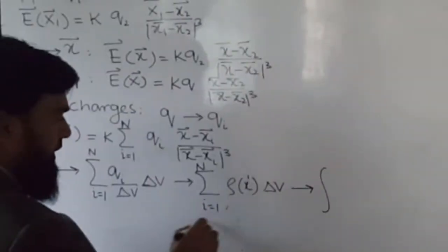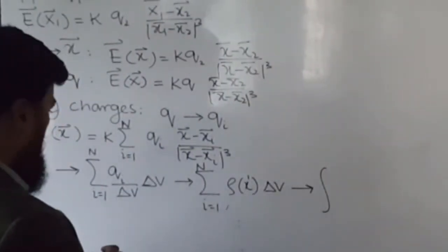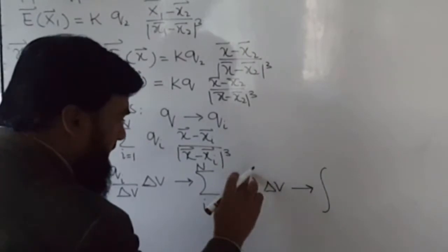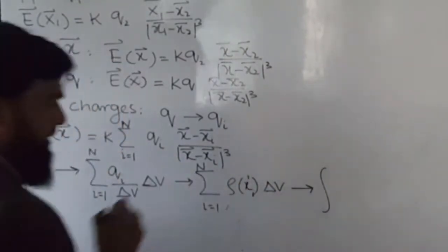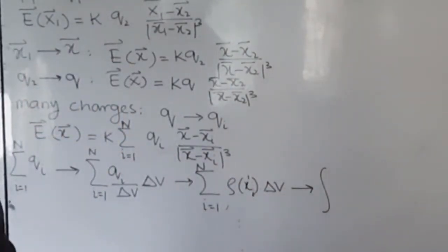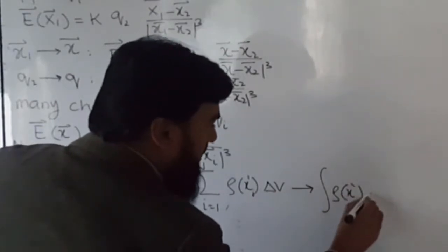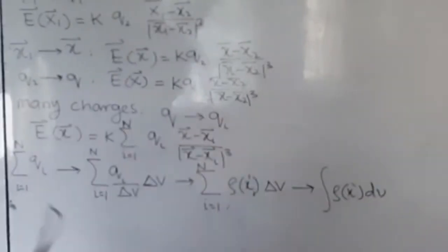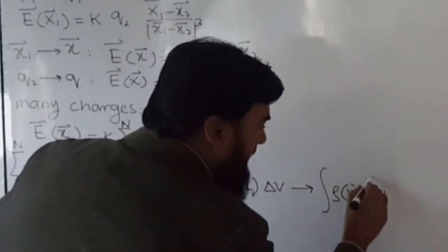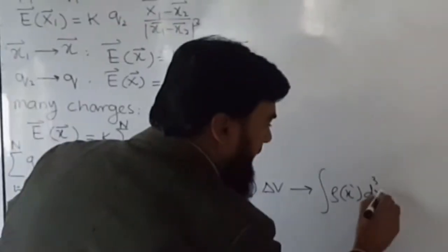this discreteness will be covered, or let me write here instead a subscript xi, like the charge at one point and then the other. So then this will be rho of x prime and dv. This dv I can write as d cube x prime.